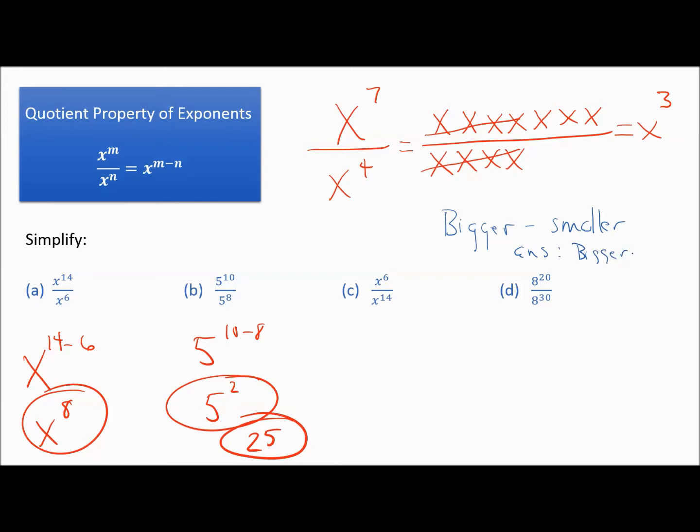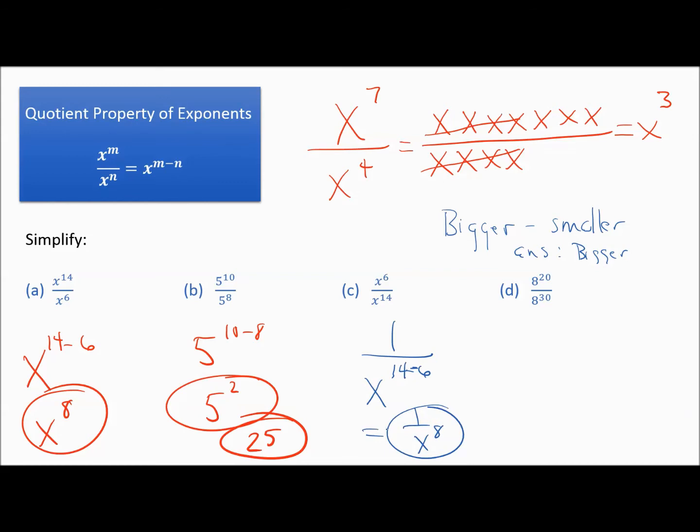This is going to be 14 minus 6, yet 14, the bigger exponent, is in the denominator. So we need to think about this as 1 over x to the 14 minus 6, which equals 1 over x to the 8th.